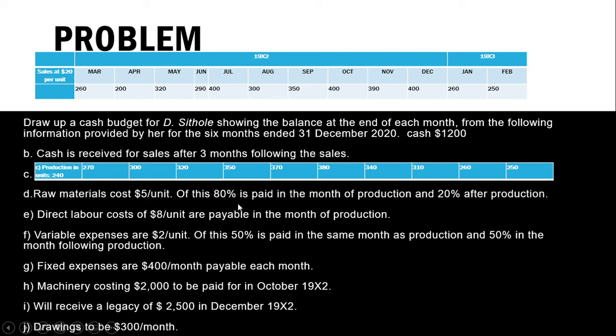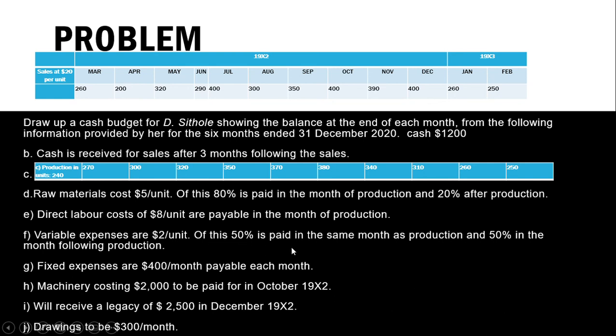Of this, 80% is paid in the month of production and 20% after production. E, direct labor cost of 80 per unit are payable in the month of production. Variable expenses are $2 per unit.